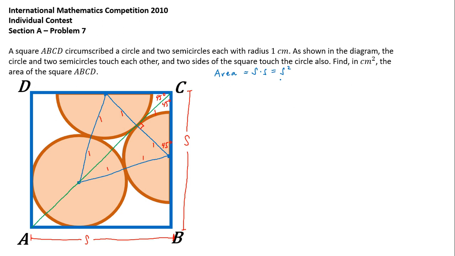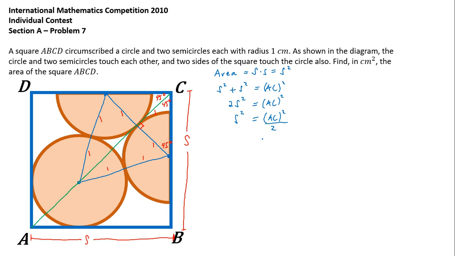And also, by the Pythagorean theorem, S squared plus S squared is equal to AC squared, right? Or 2S squared equals AC squared. So if we divide both sides by 2, we have S squared equals AC squared divided by 2. So if we know AC, we can easily find the area of the square, which is S squared, right? Okay, so it seems that we are on the right track.